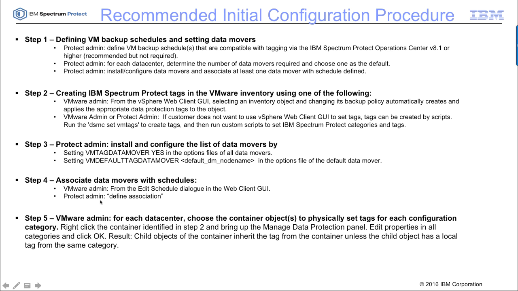You can also do it from the protect define association command, but it's pretty easy to do from the vSphere web client GUI. So again, that's where I would do it. And then lastly, you're going to do your container object setup and set the tags that are going to control the configuration, control the schedules, and control the includes, excludes, etc.